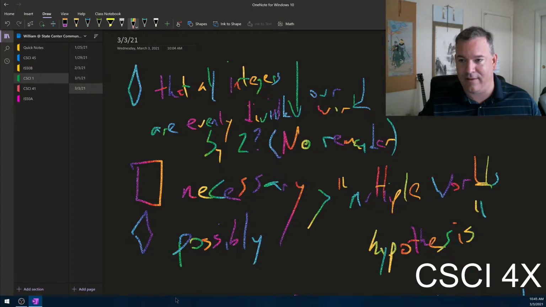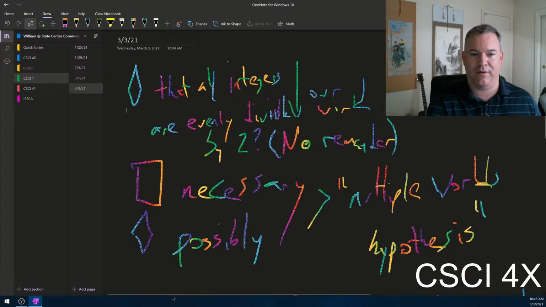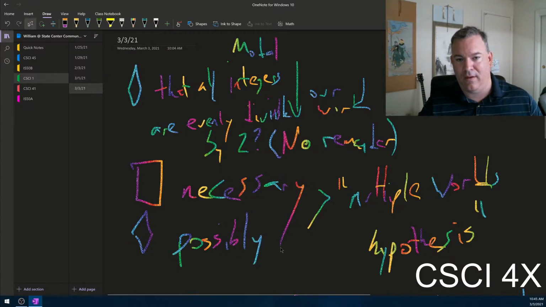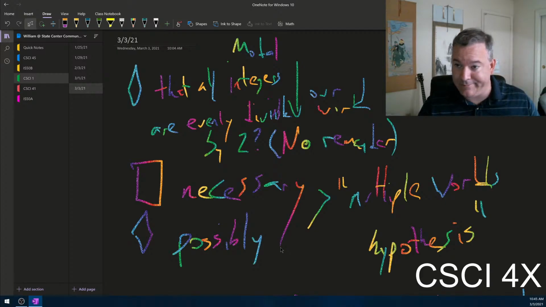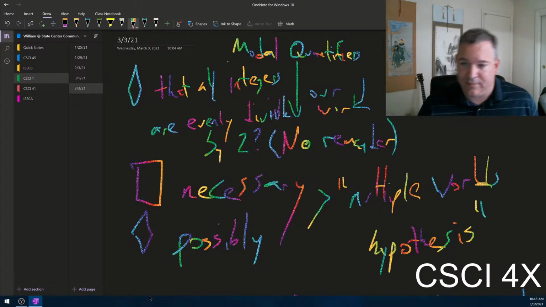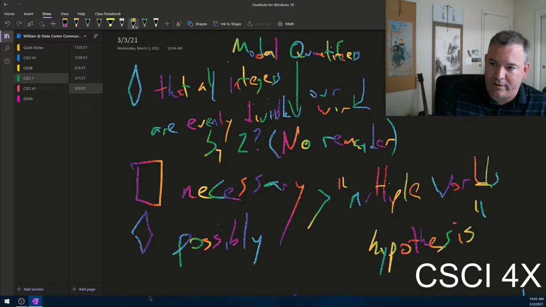They're not the same thing as the ones we did last time. So these are called modal qualifiers, or modal logic. Modal means having to do with possibility. Is it possible? And this is in your books. They talk a lot about quantifiers.